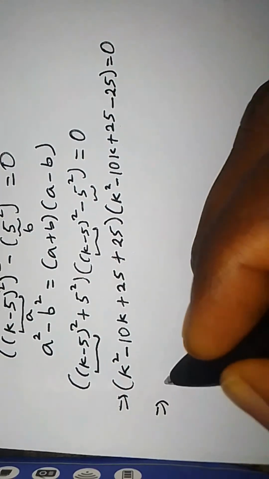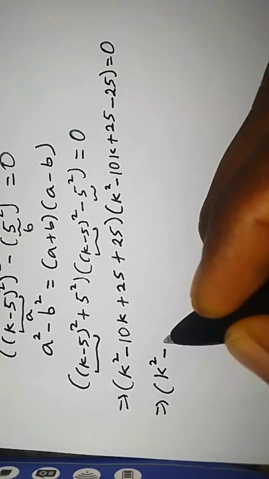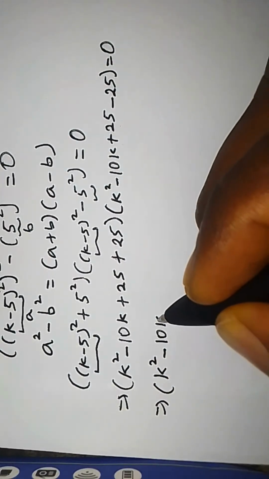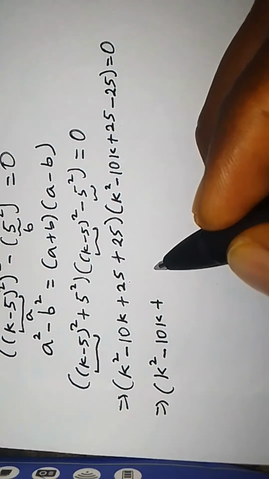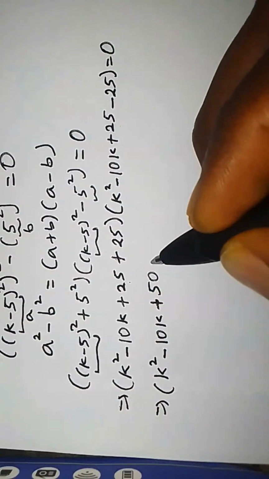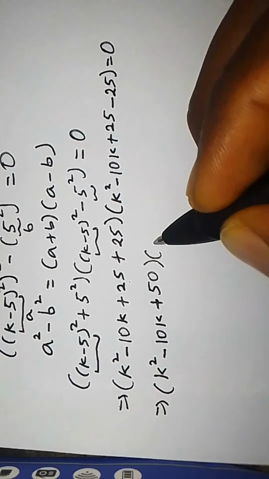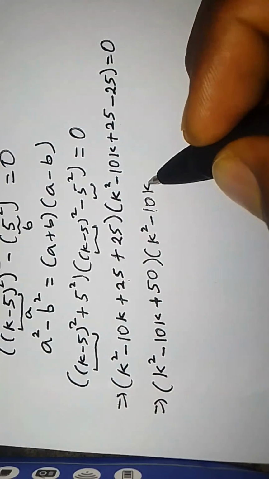This means that k squared minus 10k plus 25 plus 25, that is 50, times k squared minus 10k.